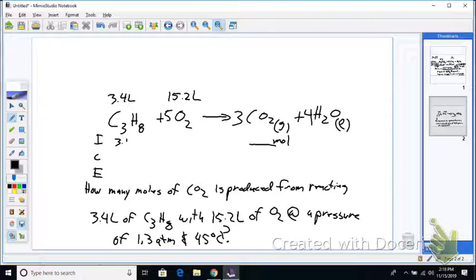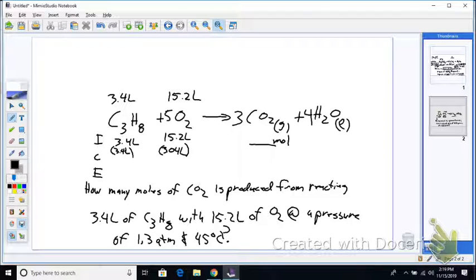This is 3.4 liters. And down here it's 15.2, but would it be used when we figure out how to compare them directly? 3.04, right? So you guys know which one limits it, right? It'd be oxygen. Oxygen limits it.